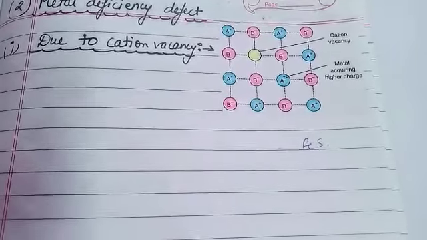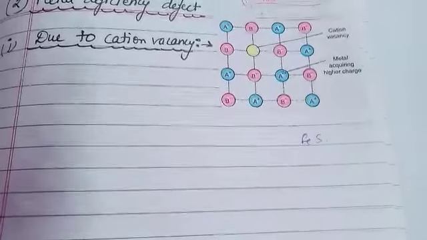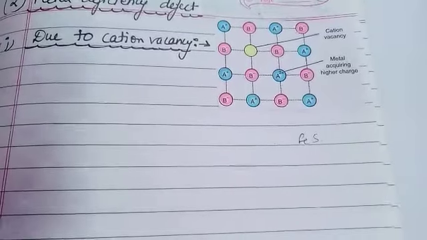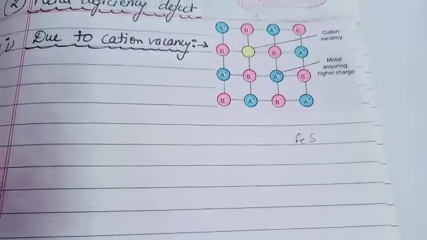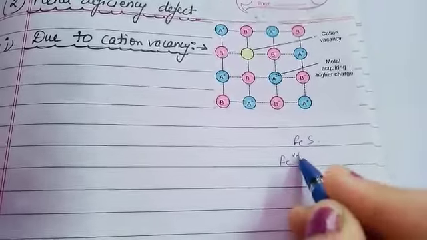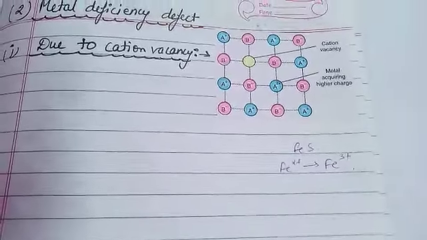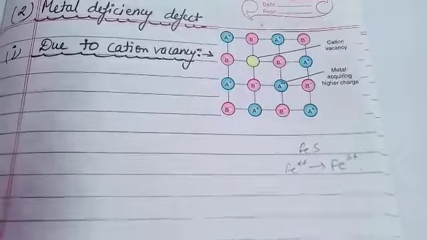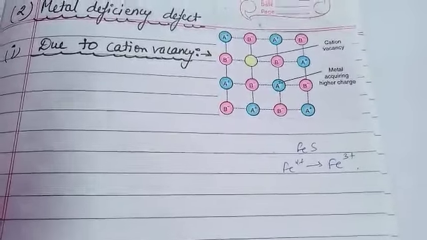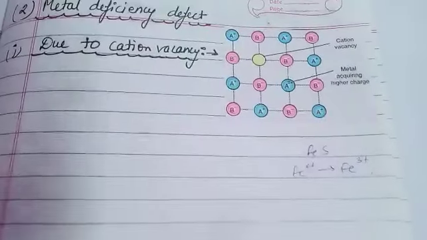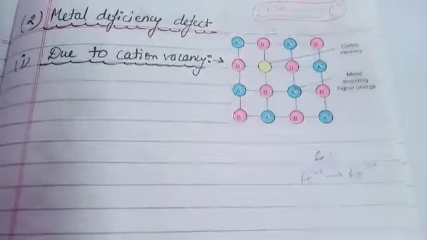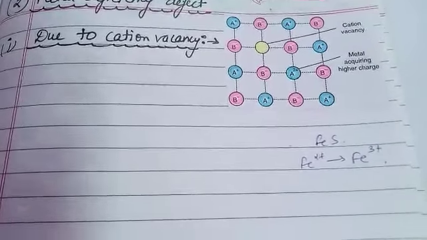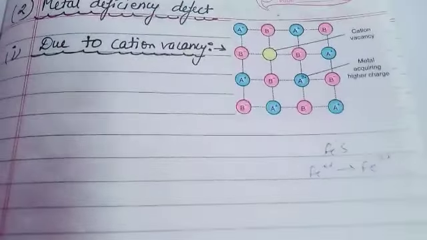So in case of FeS, generally 2 out of 3 ferrous ions, meaning Fe2+ ions, in a lattice may be converted into Fe3+ ions. And how are they converted? By losing electrons. Just because of this conversion, iron pyrite has luster, or you can say it is shiny.